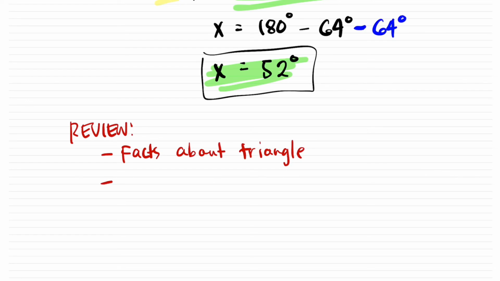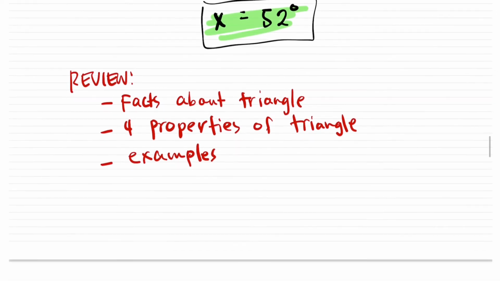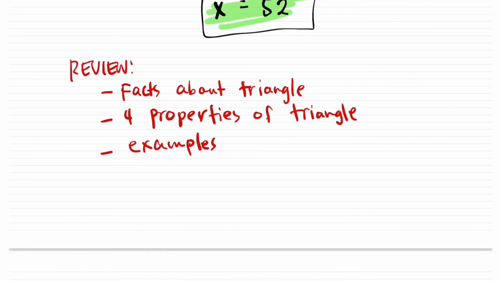Second, we discussed the 4 properties of a triangle, and we have examples, and we discussed the examples. Alright, so again, that's it for today.